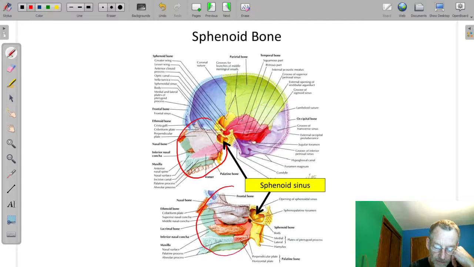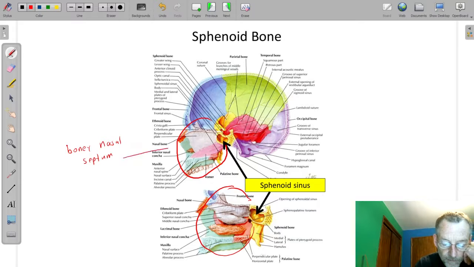And this figure on top is showing the bony nasal septum. And that bony nasal septum has been removed on the lower figure.